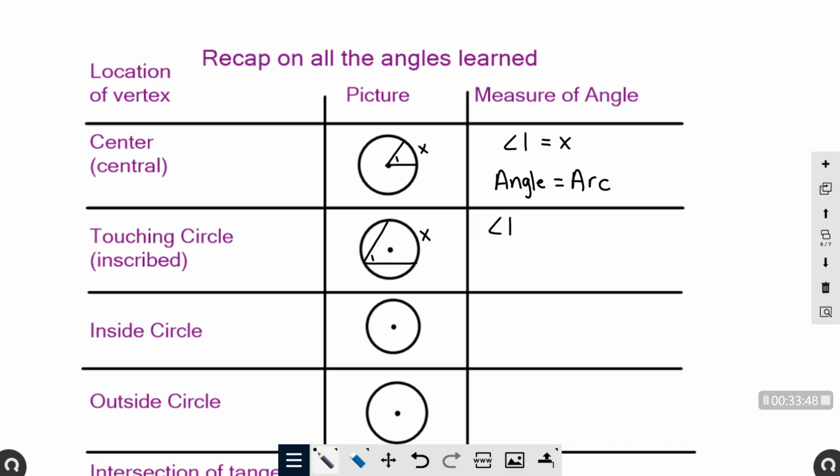The measure of angle 1 equals half the arc. Now remember, you could go backwards with this. What could you do to the angle to get the arc? Multiply it by 2. So twice the angle will give us the arc.